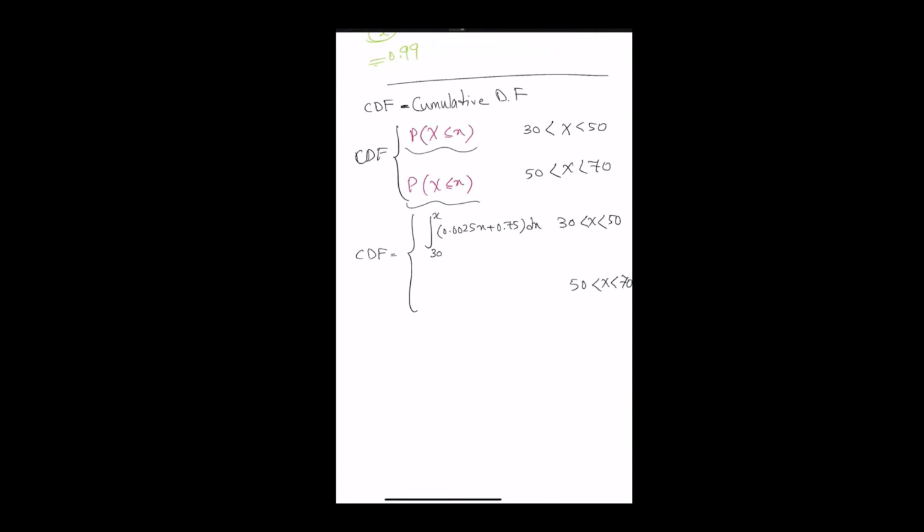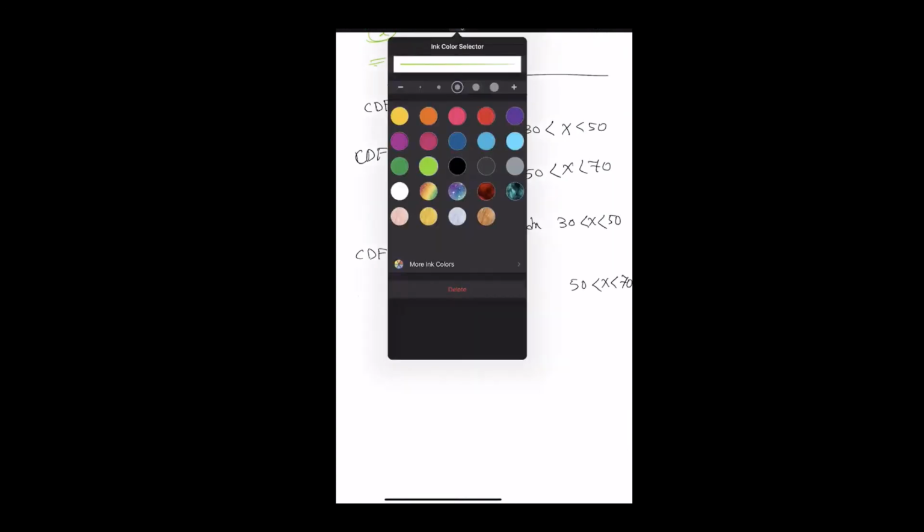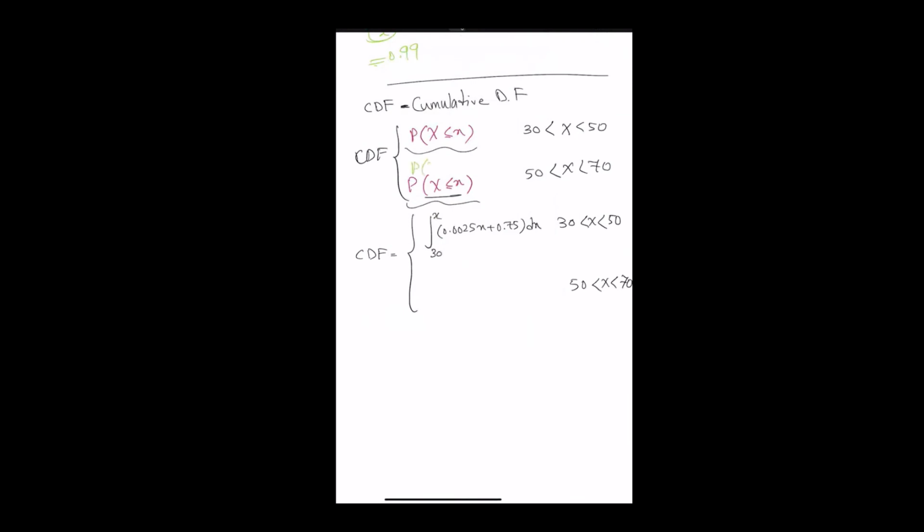However, how about here, from 50 to x? Basically, it says, what is the probability that x is less than x? For example, I think we have to put 0.5 plus that, because the solution from 30 to 50 is that. So what is the probability that x is less than or equal to 60? All of these values are in that probability too, right?